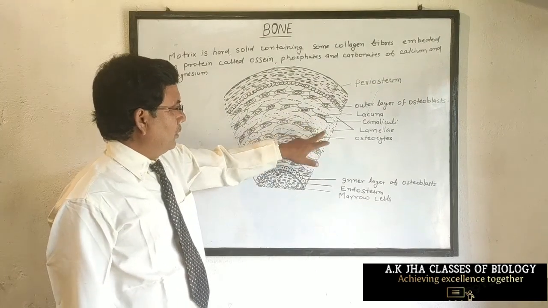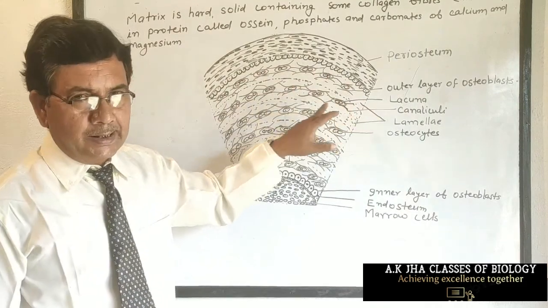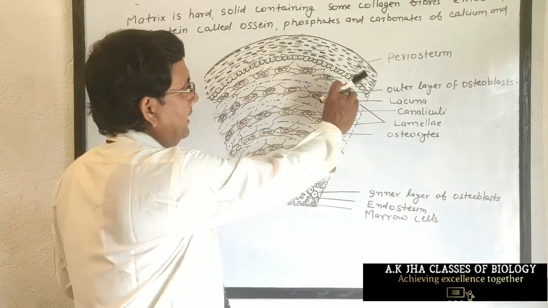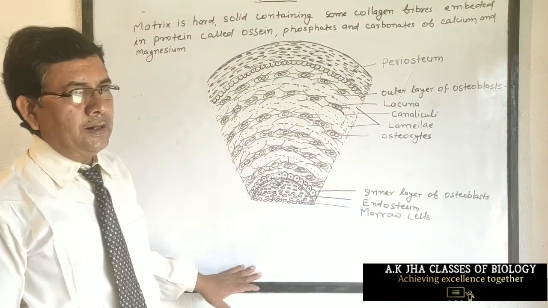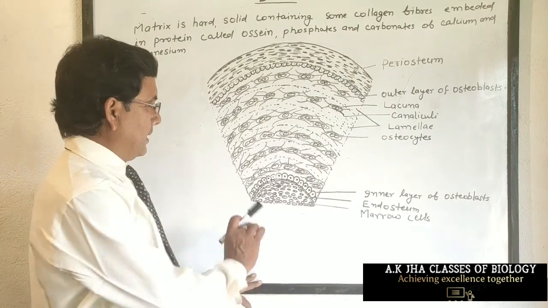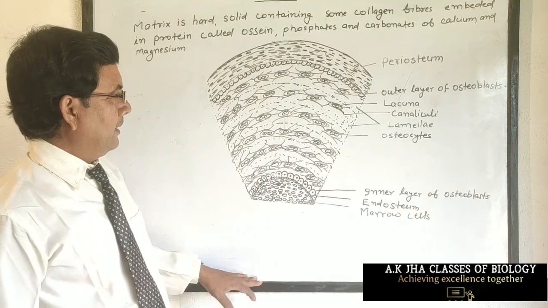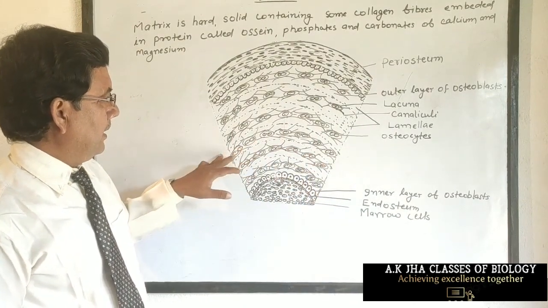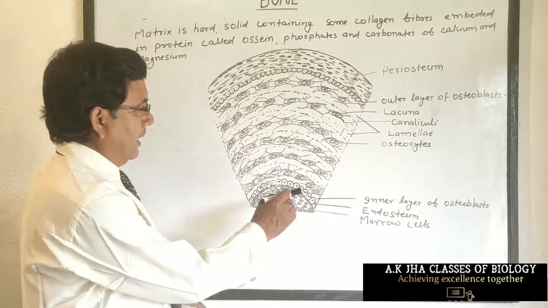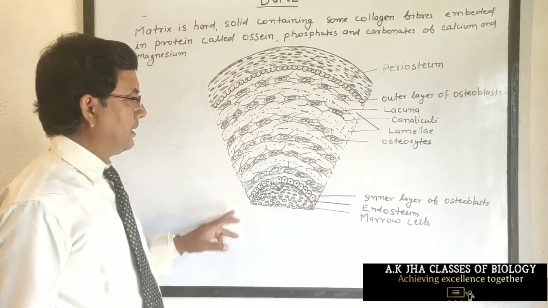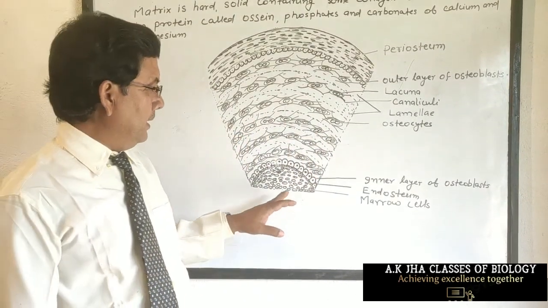The cells of bone, that is osteocytes, are arranged in various concentric layers, and each layer is called a lamella, plural lamellae. Each lamella contains different lacunae, and from the lacunae several ducts arise. These are called canaliculi. The canaliculi of lacunae are attached with each other.